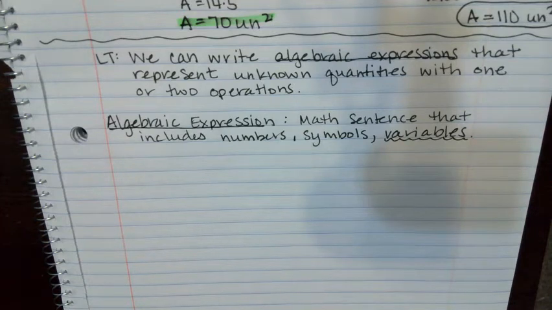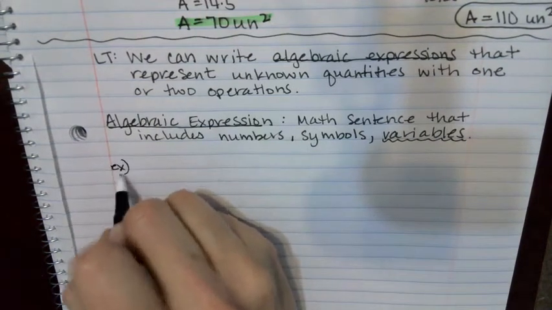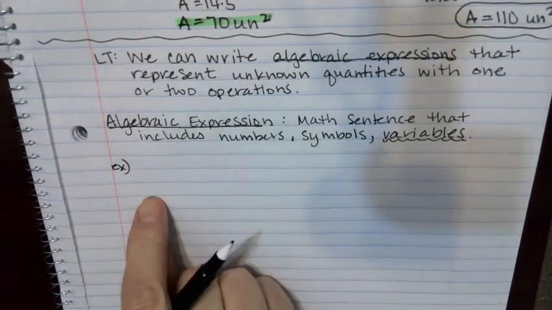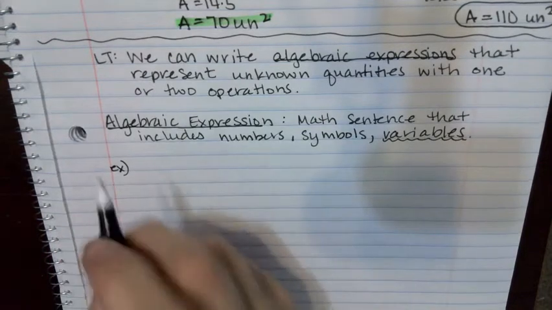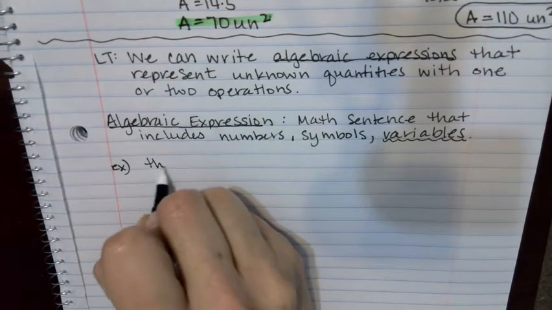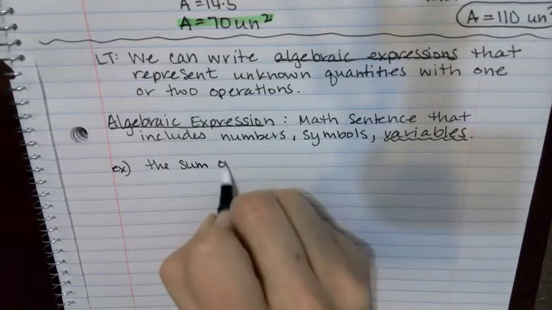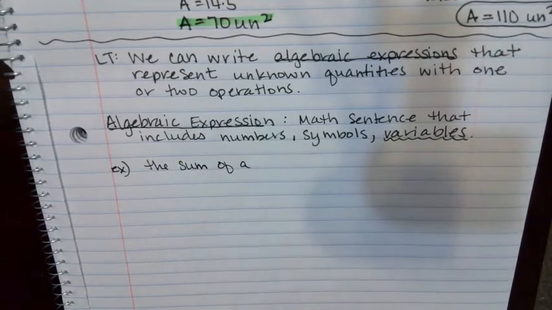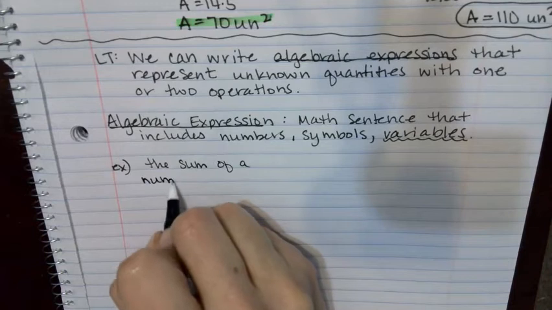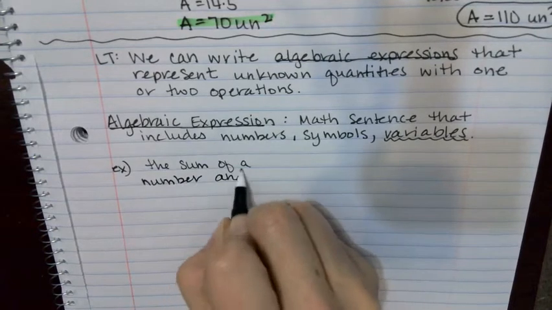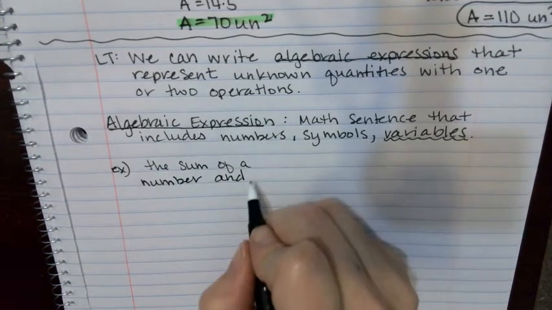So let me give you a little bit of an example of what we are going to accomplish today. I'm going to give you a math phrase, something like the sum of a number and 8.